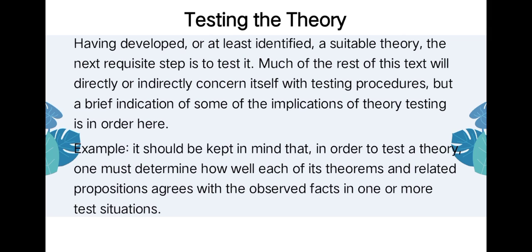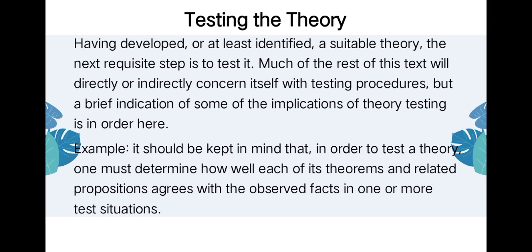Testing the theory. Having developed or at least identified a suitable theory, the next requisite step is to test it. Much of the rest of these talks will directly or indirectly concern itself with distinct procedures, but a brief indication of some of the implications of theory testing is given here.